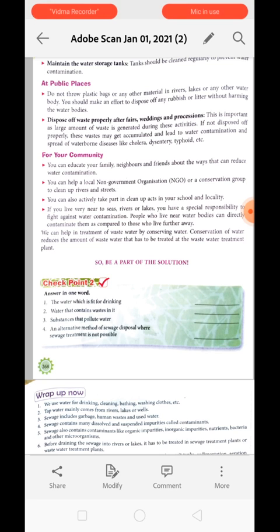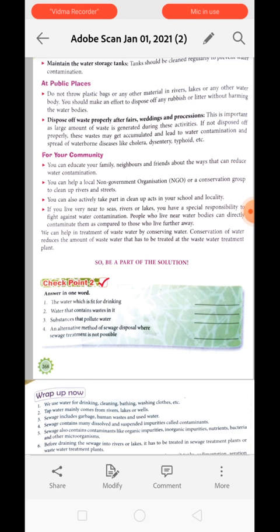This is very very important, because during festive season or during any ceremony, we just remember about enjoying the things. We do not care about disposing of the things properly, but it is also our duty to dispose of the waste material properly after this type of ceremony.